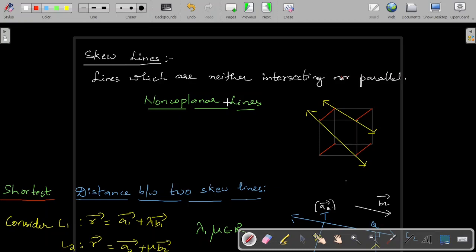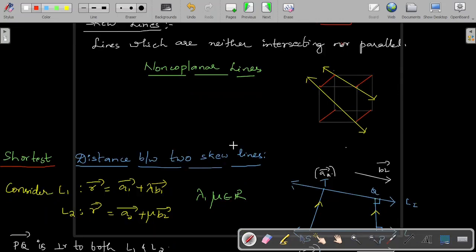These are non-coplanar lines, meaning they can't be in the same plane. These two lines should be in different planes, which is why we call them non-coplanar lines. Because in any plane, if you consider two lines, then those two lines are either parallel or intersecting. Here, these are neither parallel nor intersecting, hence they are non-coplanar lines.